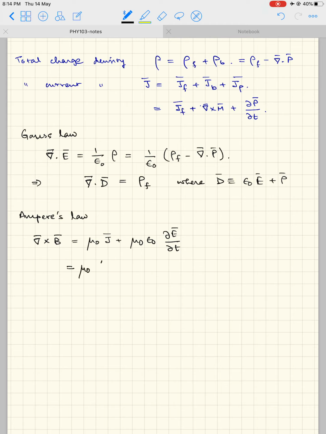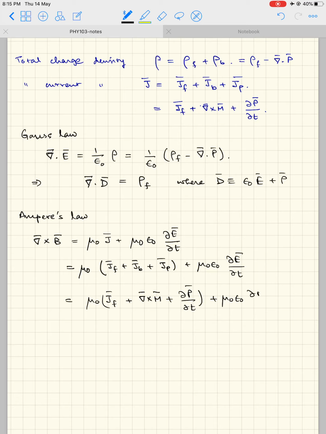So mu naught of J_F plus J_B plus J_P plus mu naught epsilon naught del E del T is essentially mu naught J_F plus del cross M plus del P del T plus mu naught epsilon naught del E del T.